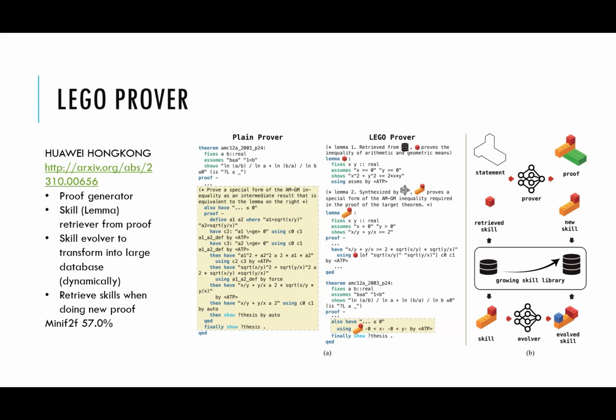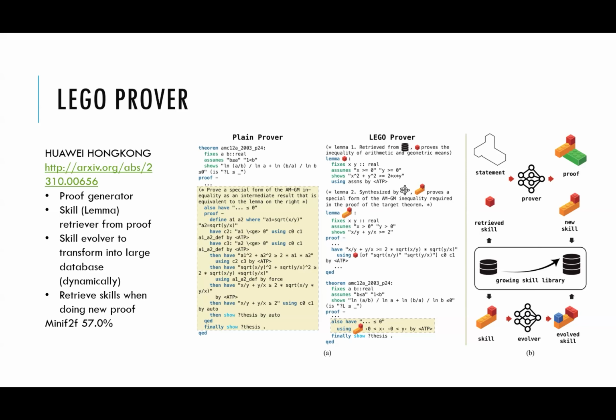So this works more dynamically and flexibly, and actually results in a very good performance on miniF2F. For those who don't know, miniF2F is a dataset containing theorems and lemmas at the high school level and competition level, which means the span of the knowledge is very limited.